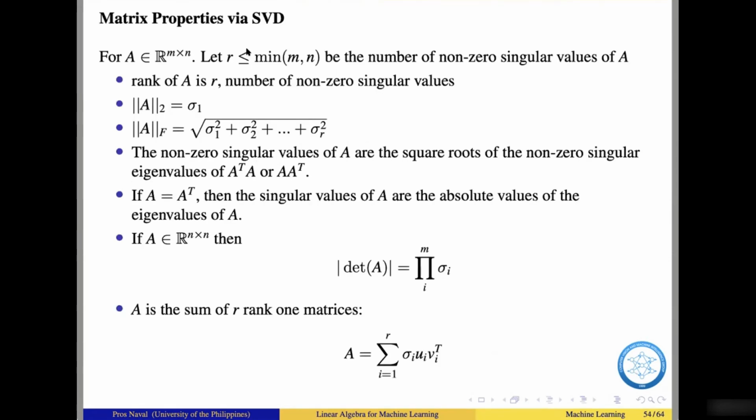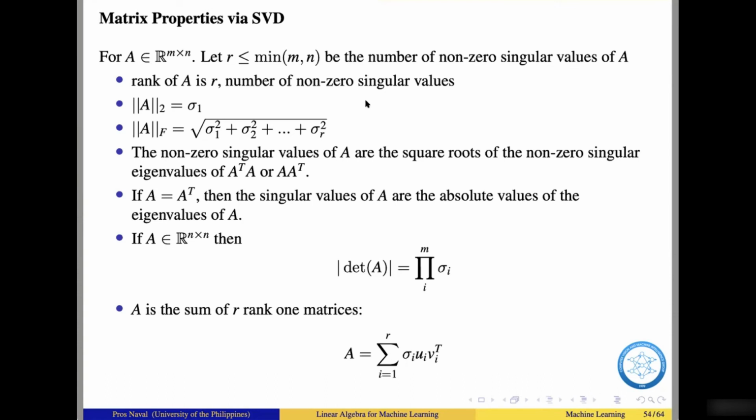Matrix properties via SVD. Before, we learned what matrix norms are. We know what the determinant is, but we have defined most of them in terms of a square matrix.